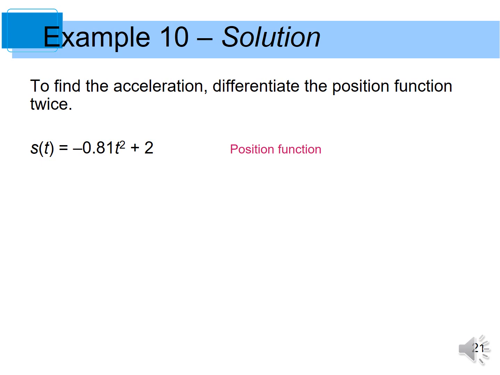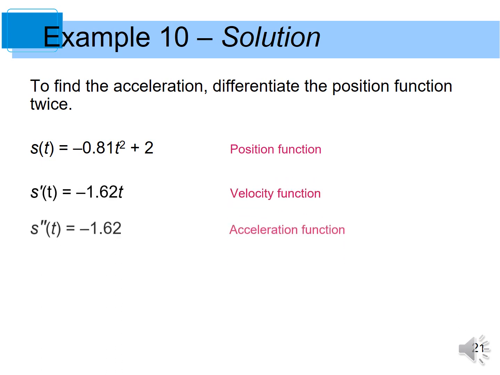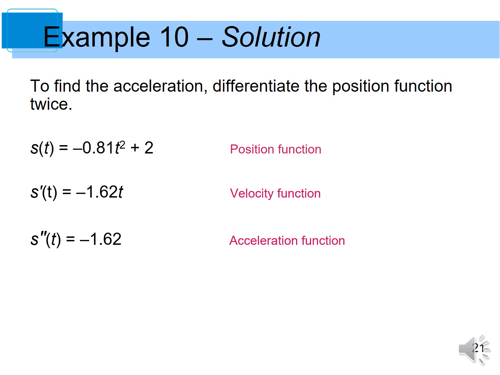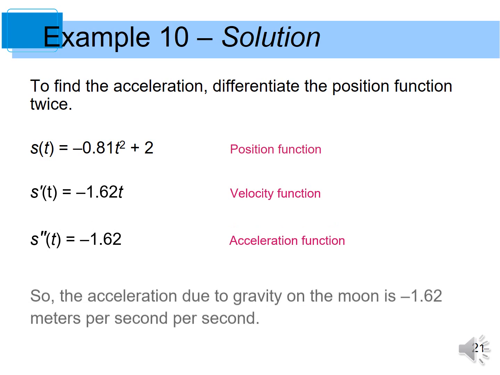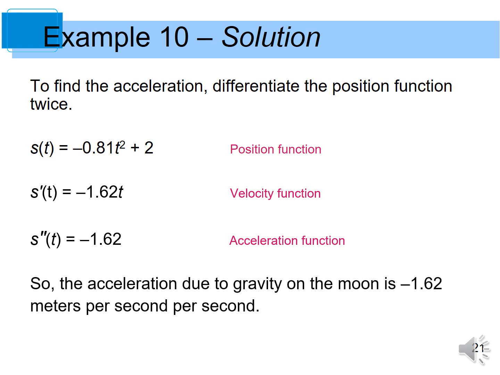To find the acceleration, differentiate the position function twice. Now we obtain the acceleration function. So the acceleration due to gravity on the moon is negative 1.62 meters per second per second.